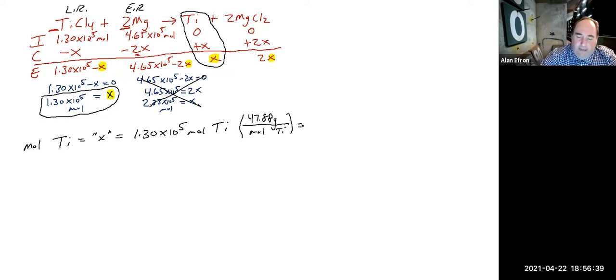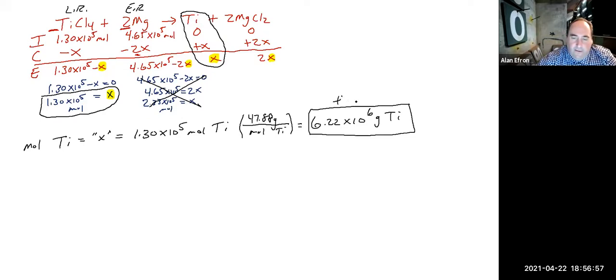And if we do that, 1.3 times 10 to the 5 times 47.88 gives us 6.22 times 10 to the 6th, I believe, grams of Ti. This would be our theoretical yield. Any questions up to that point?